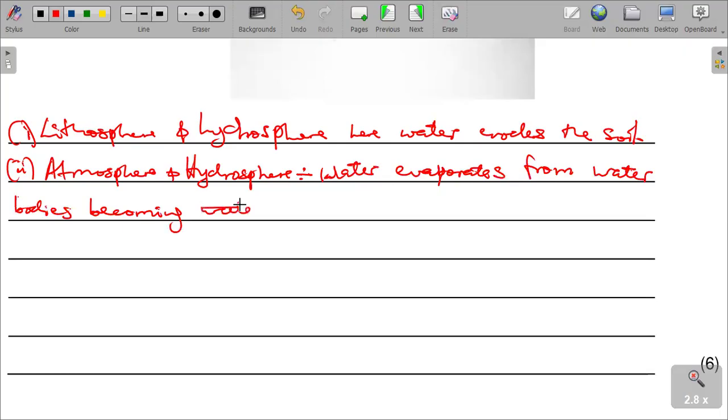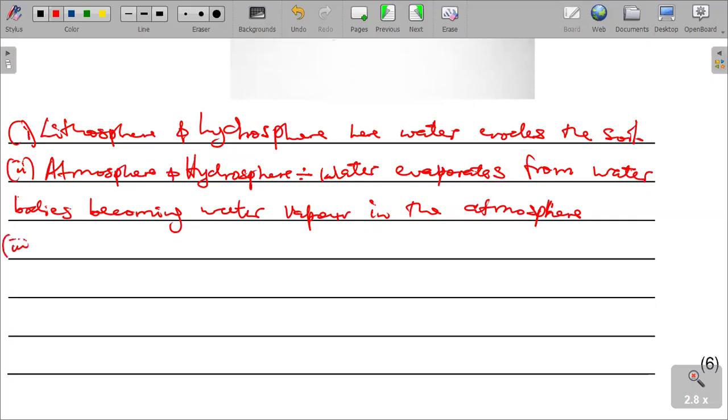It evaporates from oceans and so forth, and then becomes water vapor in the atmosphere.